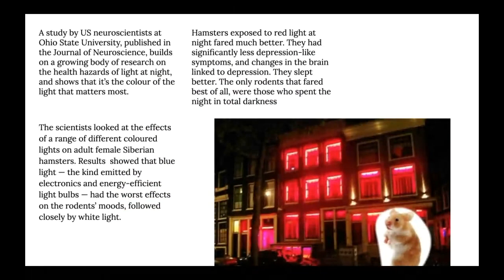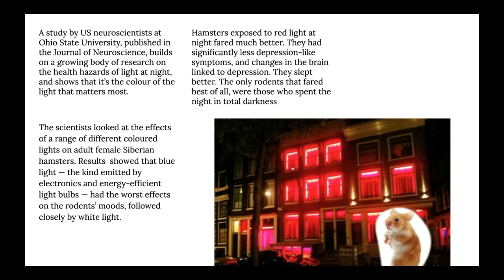Also, they did a little study at Ohio State University where a bunch of US neuroscientists got together and did a study on the health hazards of light at night. They looked at the effects of a range of different colored lights on hamsters. Results showed that blue light, the kind emitted by electronics and energy efficient light bulbs, had the worst effects on rodents' moods, followed closely by white light.